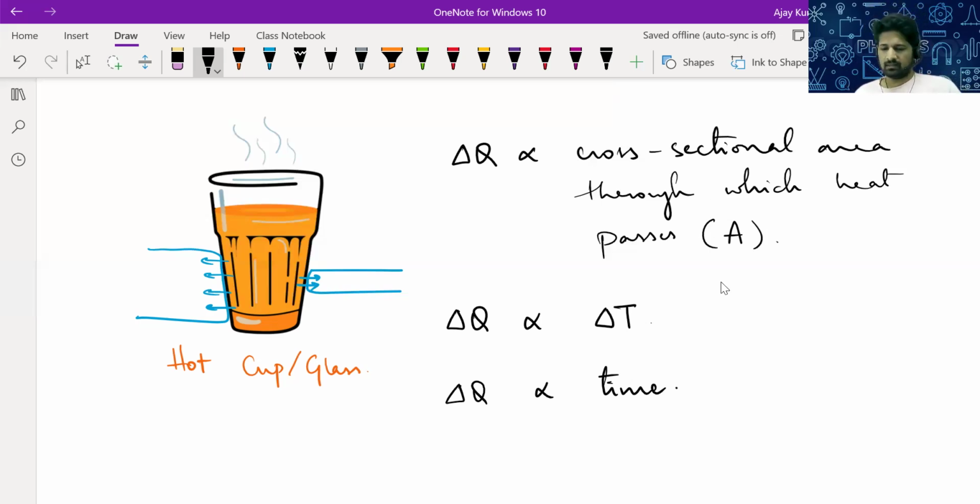Now, suppose there is something very hot, but you have to hold it. Now you all think and tell me. Let's say there is a hot glass of water, milk, tea, whatever it is. You somehow have to hold it and take it from one place to another. Do you prefer holding it directly with your hand, or do you prefer wrapping a cloth around it and holding it?